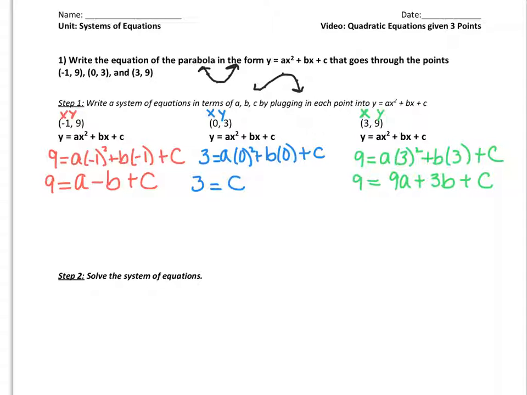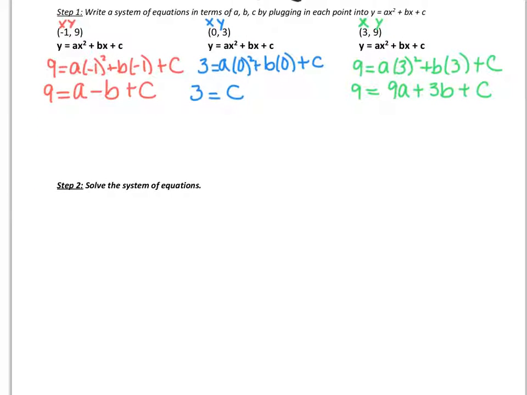Okay, so these are our 3 equations that we're going to put together and make a system of equations to solve. I'm actually going to put the longer pieces, a, b, and c, first. So I'm going to put a minus b plus c equals 9.